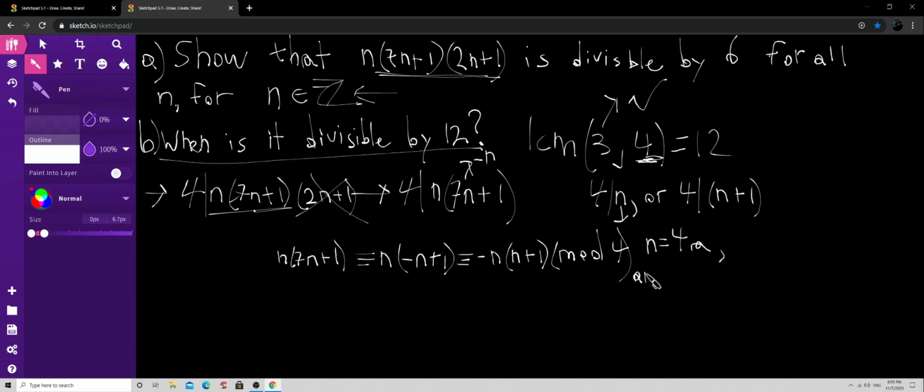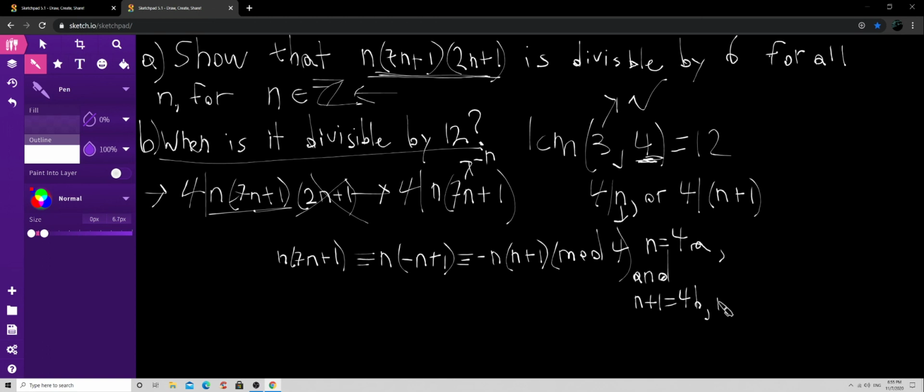Basically these values of n, if some integer n takes these forms, then this entire expression will be divisible by 12, right? And n plus 1 equals some multiple 4b, right?